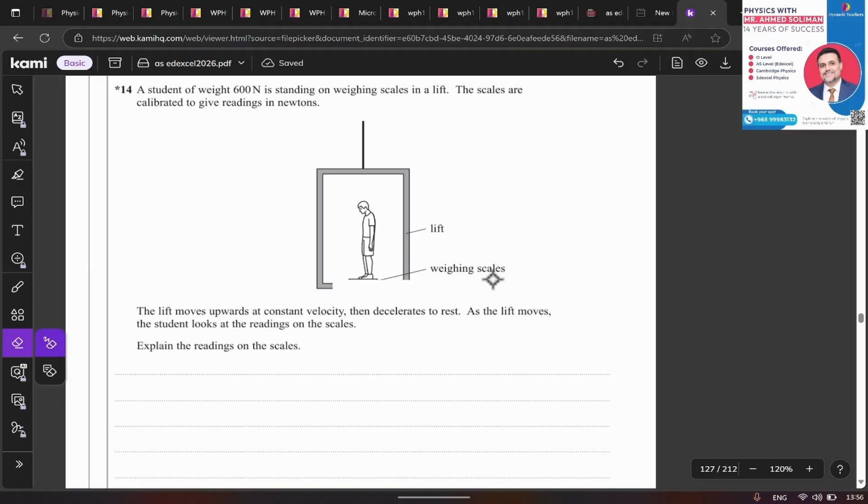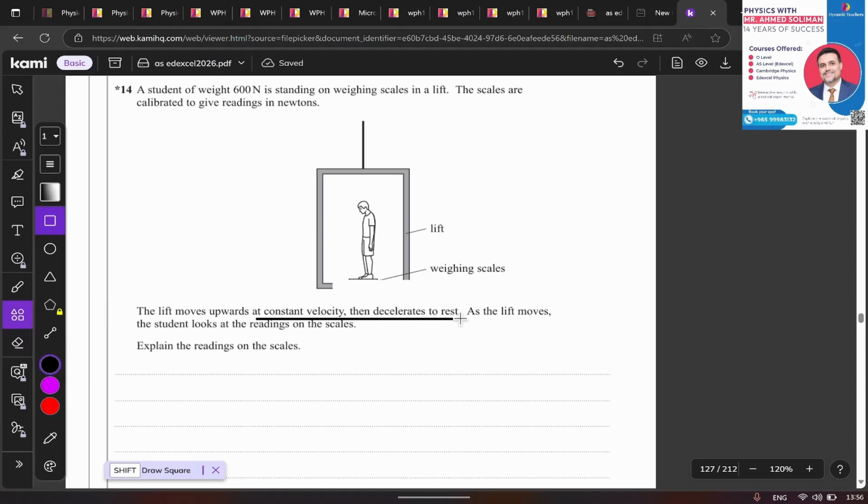Do I talk about the lift being at rest first? Okay, first we have to decide what is the force that gives the reading of the scale. Because he said the lift moves upward with a constant velocity, then decelerates to rest.